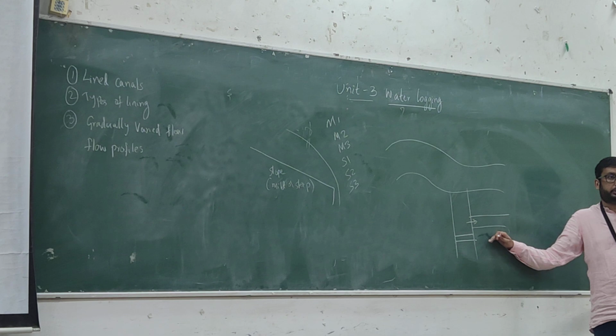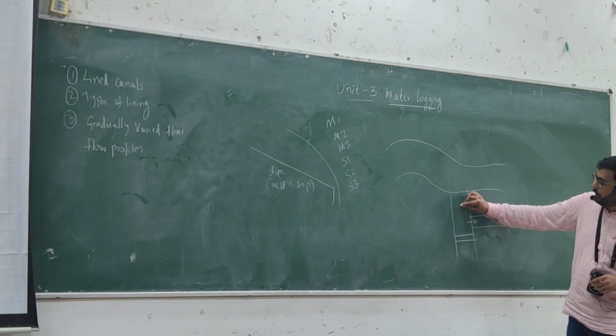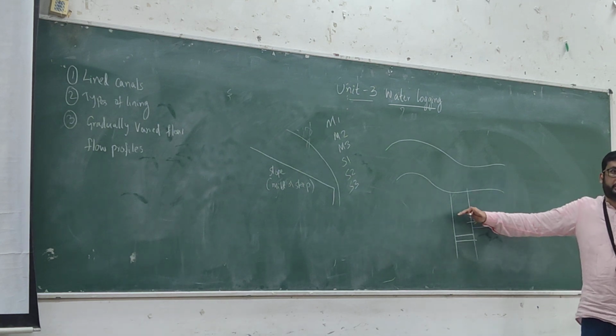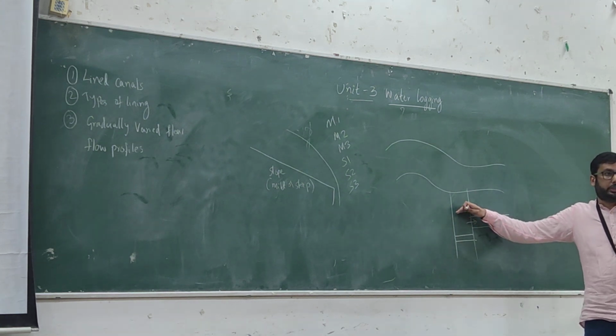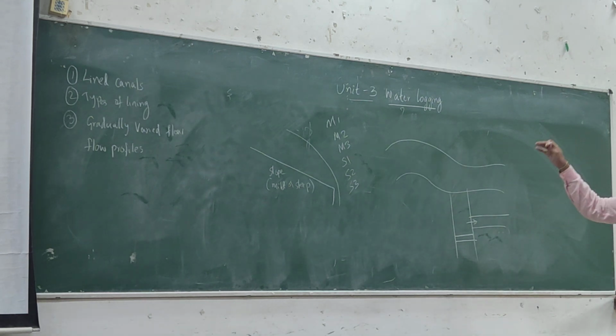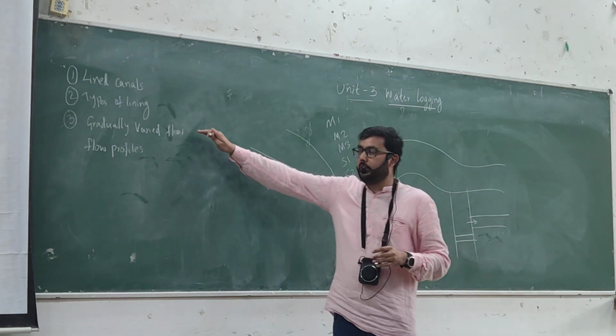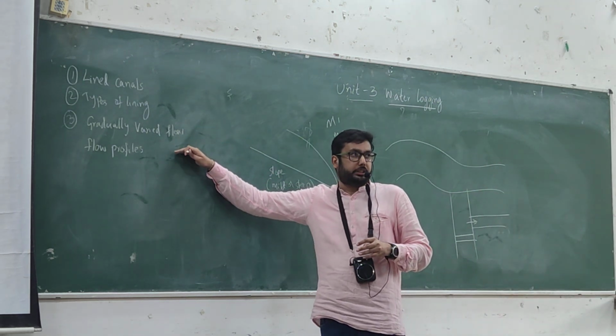So now we are introducing a structure which is going to impact the flow in the river. This would change the flow depth, and how far this impact would extend in the canal, we are going to study that. I think this would be more interesting than digging more into waterlogging. So I'm taking this route where we are going to look at gradually varied flow and do some computations.